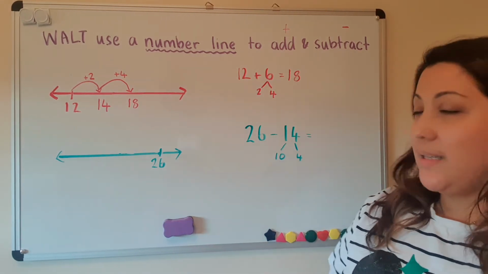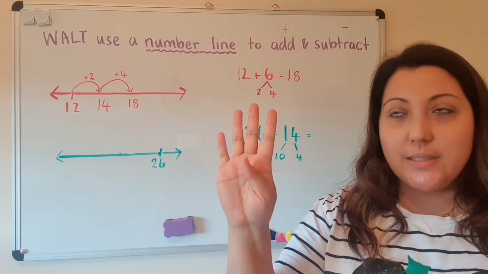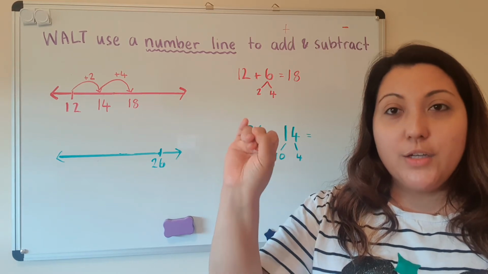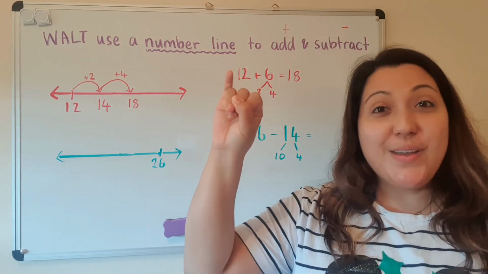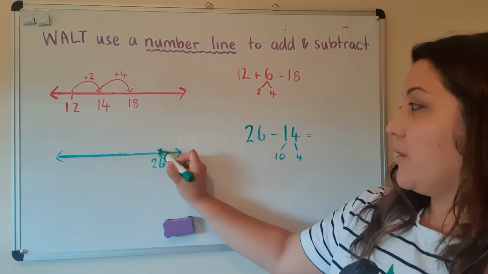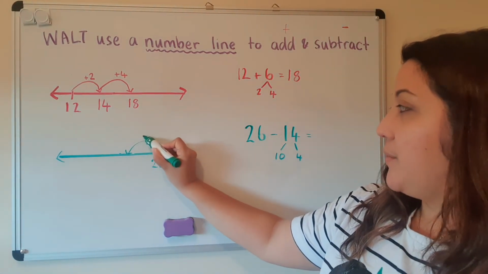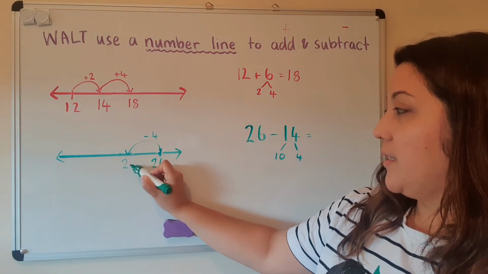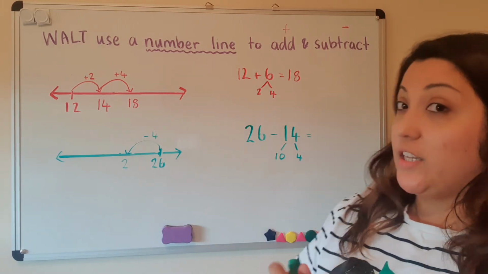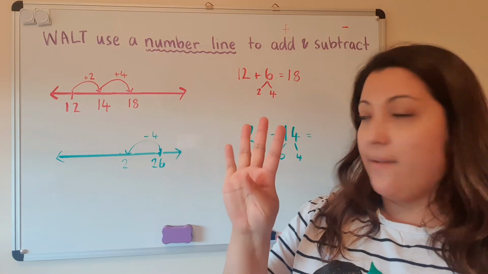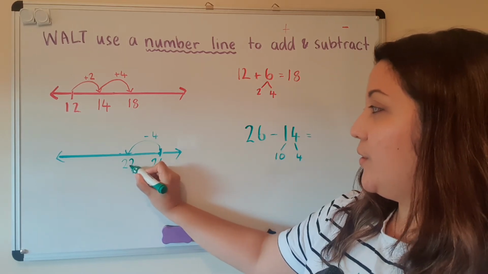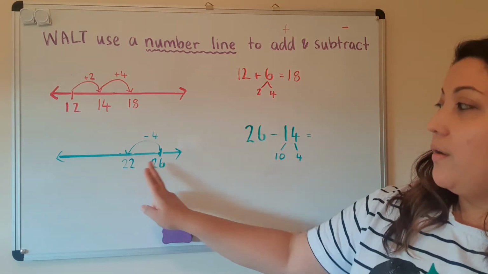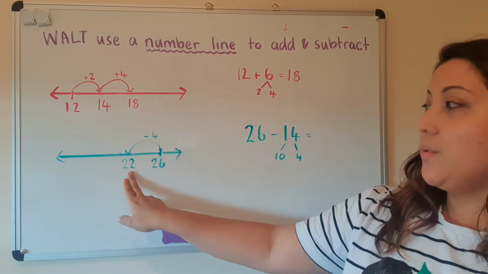So 26, let's count backwards 4 times. 26, 25, 24, 23, 22. I'm taking away my 4, and did I say 21? Let's check. 21, 22, 23, 24, 25. It wasn't 21, it was 22. Lucky we checked. 22, 23, 24, 25, 26. So 26 minus 4 is 22.